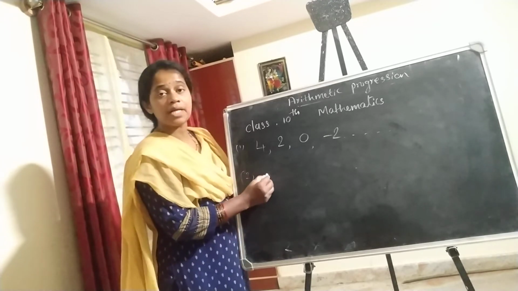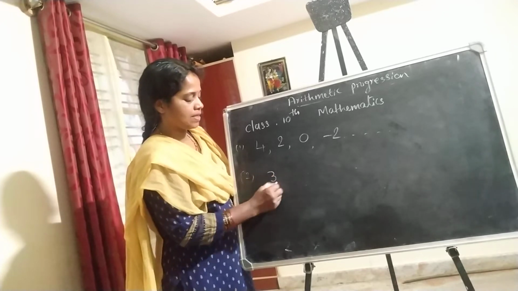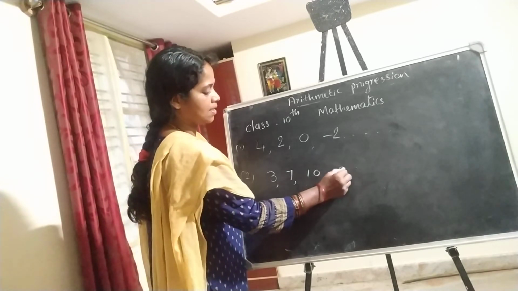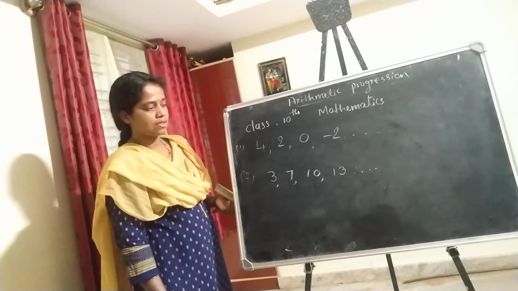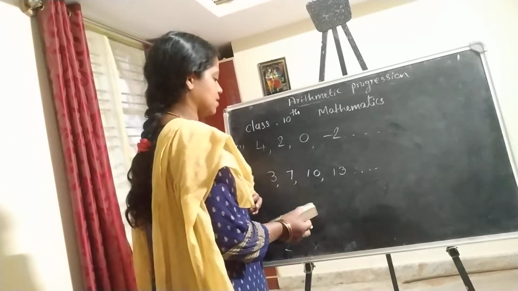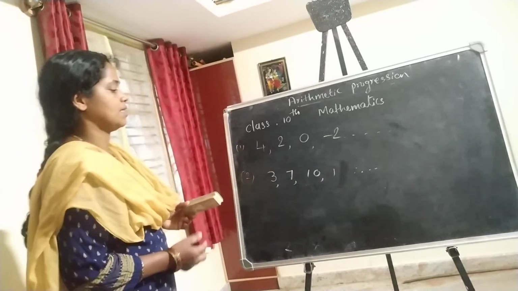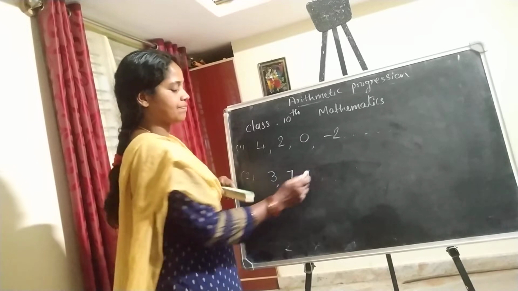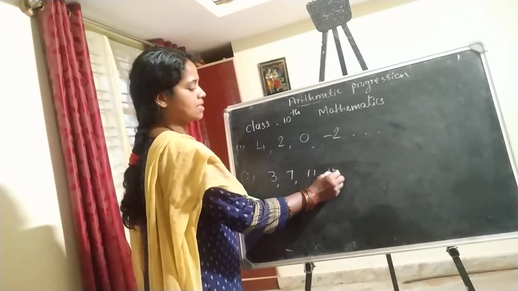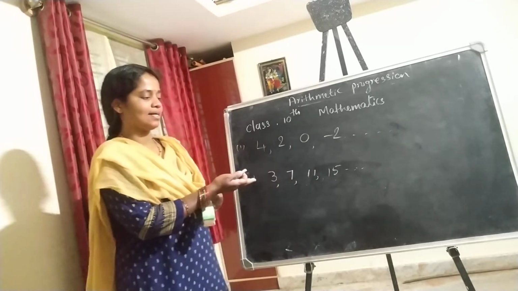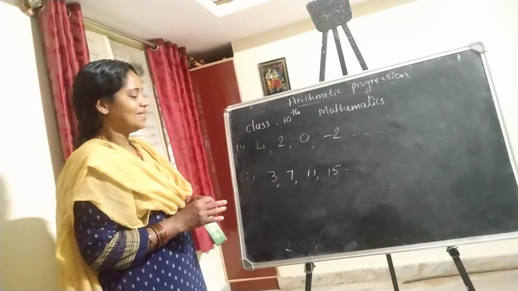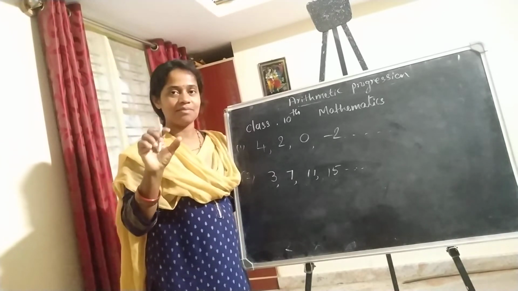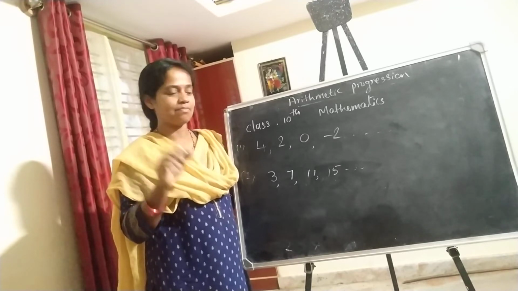Randomly I select the first term as 3, next 7, 11, next term 15. You can clearly observe that when I write the next number, I am adding some constant, the same number, to the previous term.